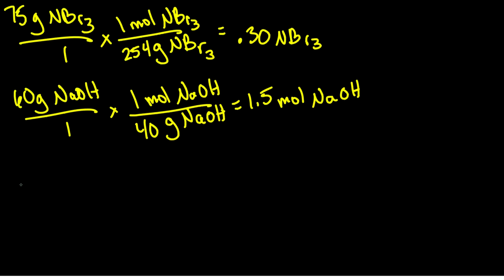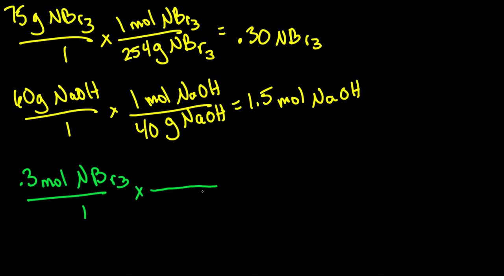So I got 0.3 moles of nitrogen tribromide. I'll put that over 1. And I'm trying to figure out how much sodium hydroxide I need to fully react this amount. So I got to convert my moles of nitrogen tribromide to moles of sodium hydroxide.